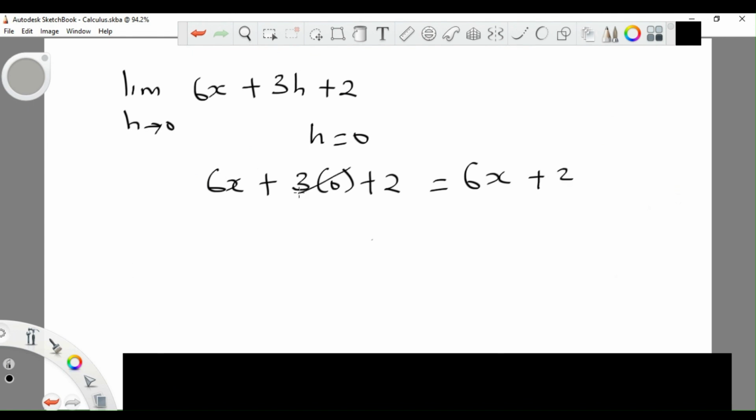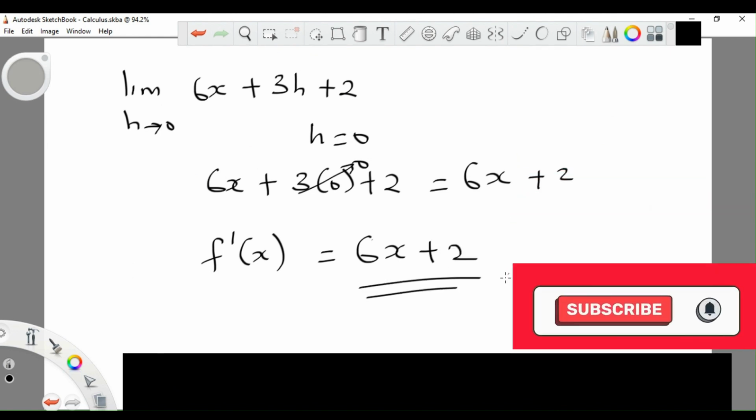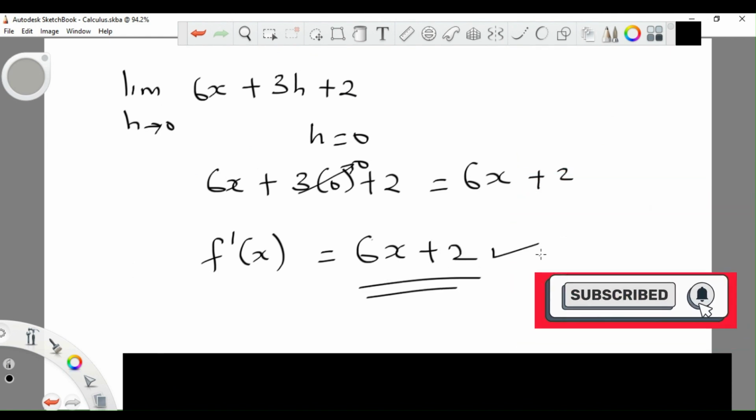Therefore, the differentiation of 3x squared plus 2x plus 1 is equal to 6x plus 2. So this is our final answer.